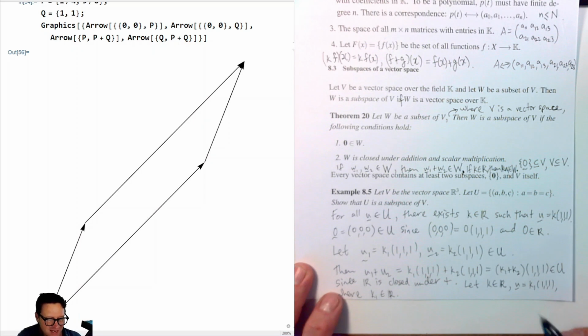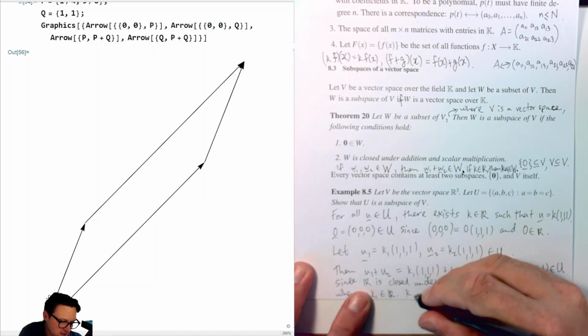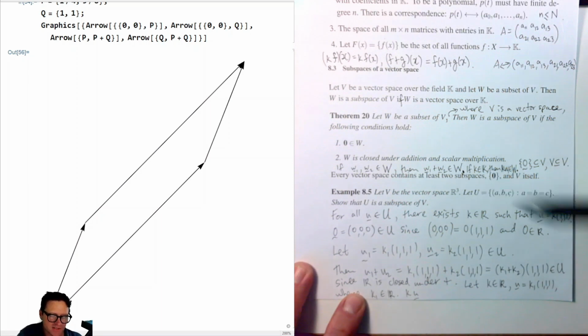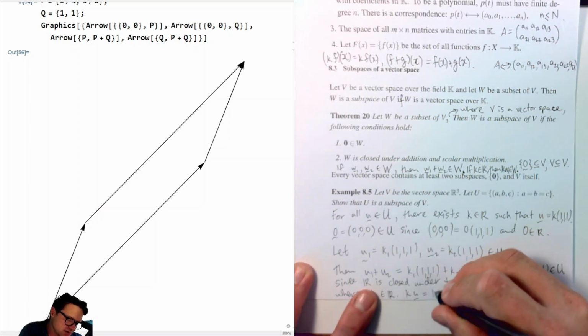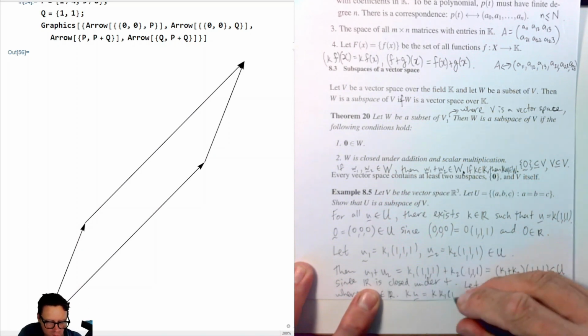Okay, so what we need to check then is that k times u is also in uppercase U. So that's k times k1 times 1, 1, 1.